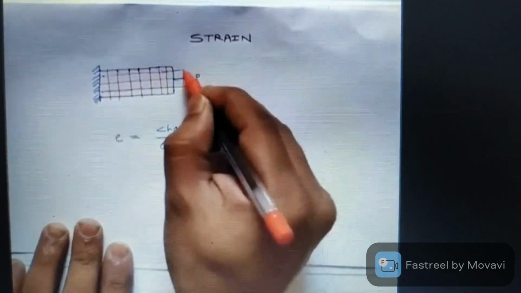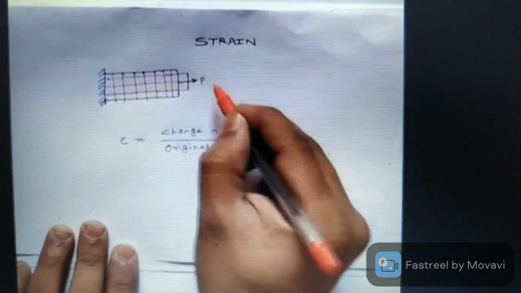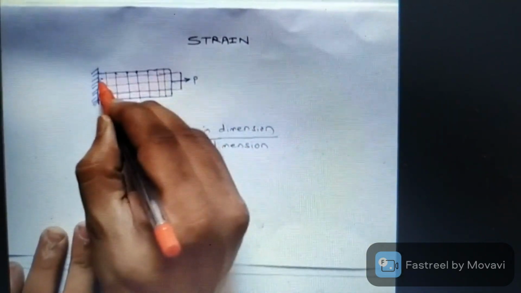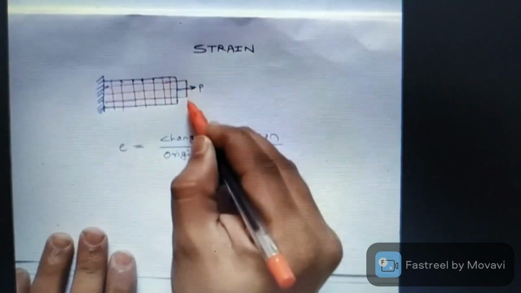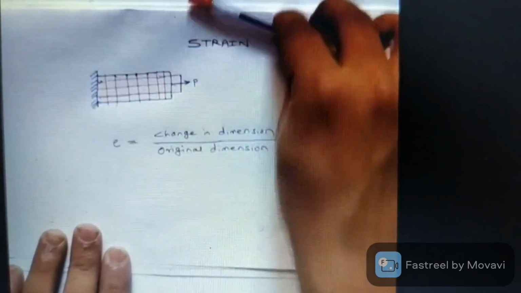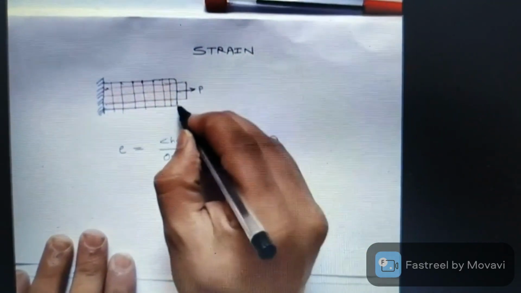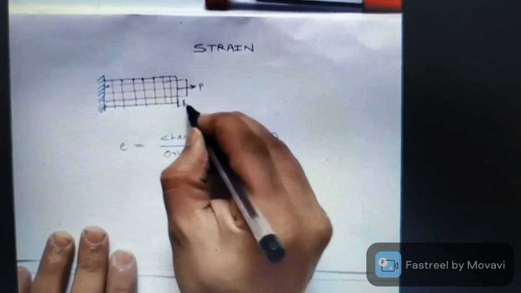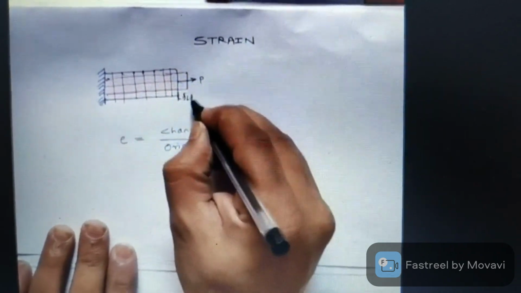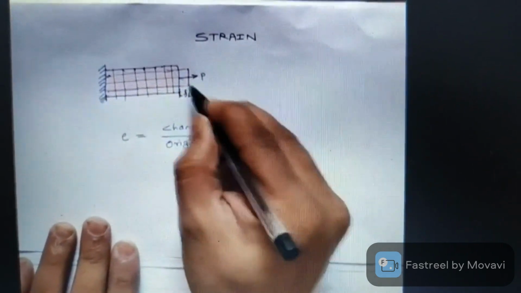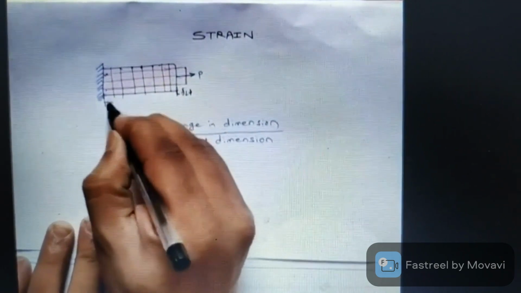Each element gets stretched in this direction, and because of which the total body gets elongated by, let's say, delta L.